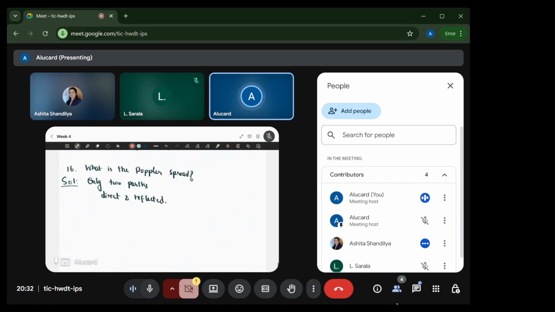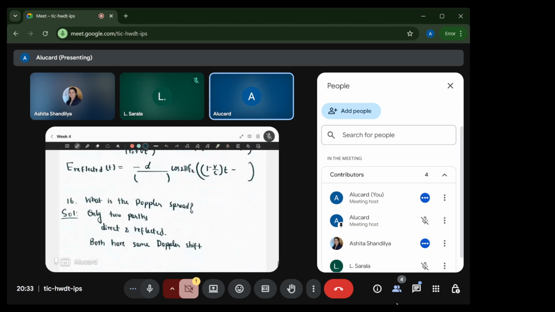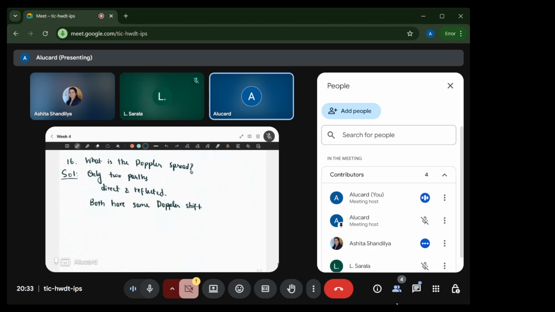So both have the same Doppler shift. That's why in your direct and reflected part, the effect of Doppler was the same. So Doppler spread is maximum minus minimum, but both are the same.